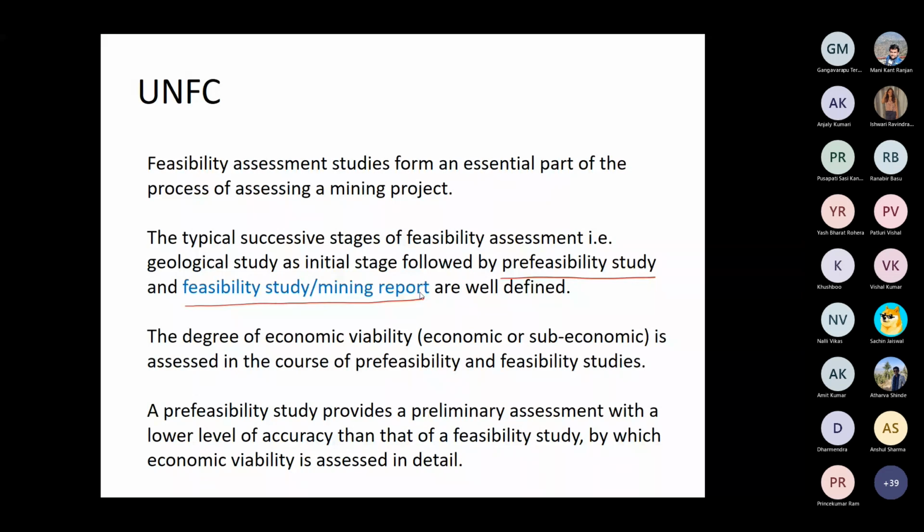The degree of economic viability or sub-economic is assessed in the course of pre-feasibility and feasibility studies. That means whether there is prima facie evidence of economic attraction, and then the full assurance that it is economic. That is also a part of the feasibility study, but they are not exhaustive.